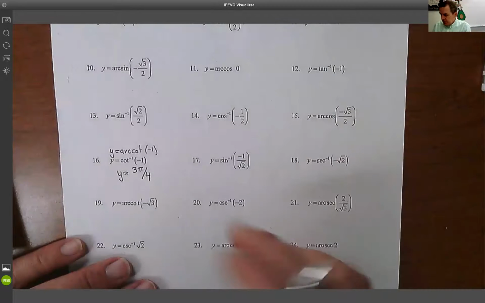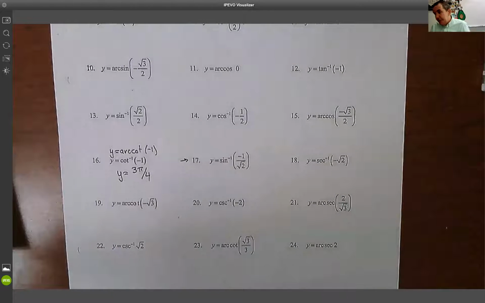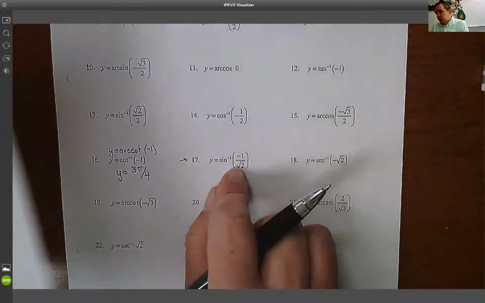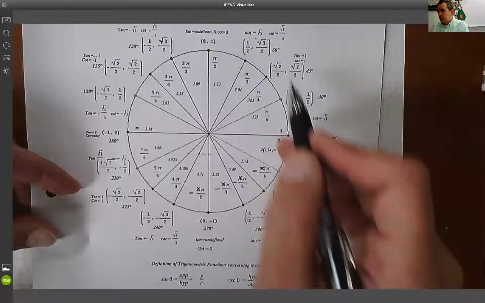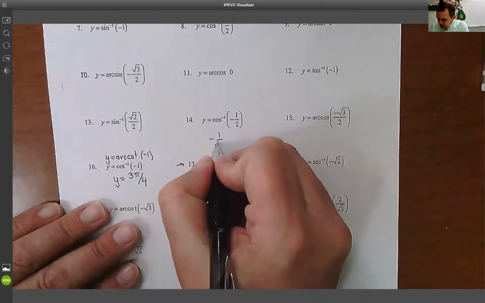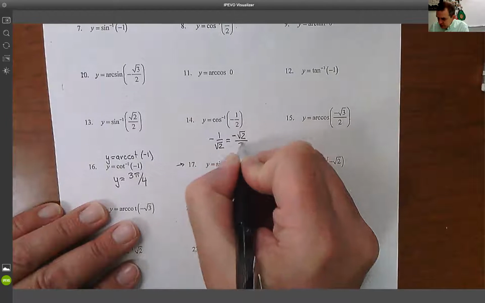The next one I want to do is number 17 because I want to show you that there is something that happens occasionally. Y equals arc sine of -1 over root 2. As we look around the circle, there is no -1 over root 2. What I want to let you know is that -1 over root 2 is the equivalent form of -√2 over 2.